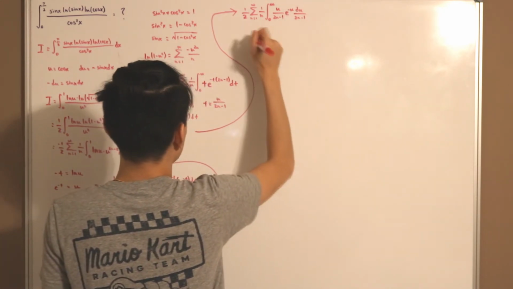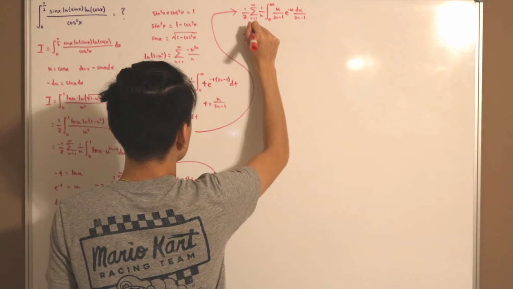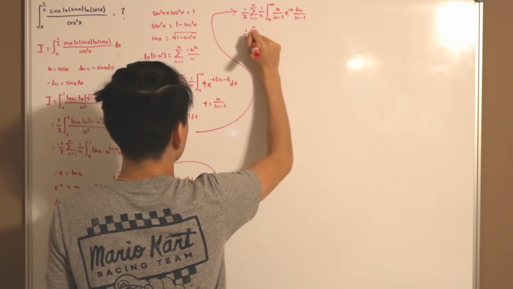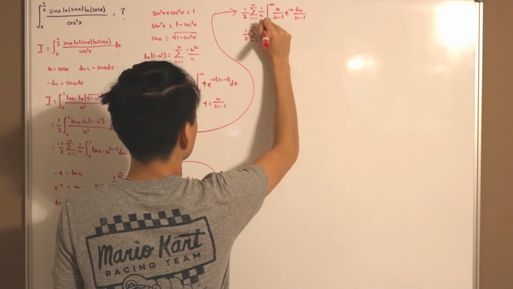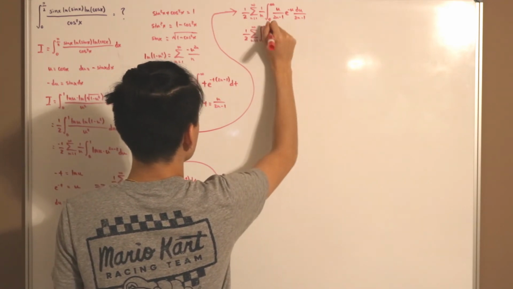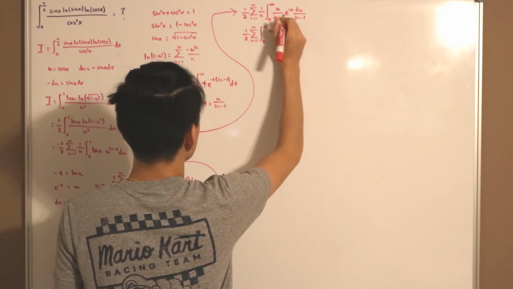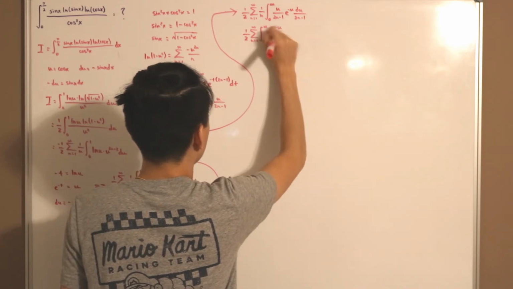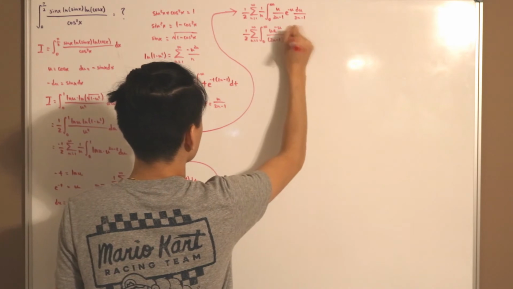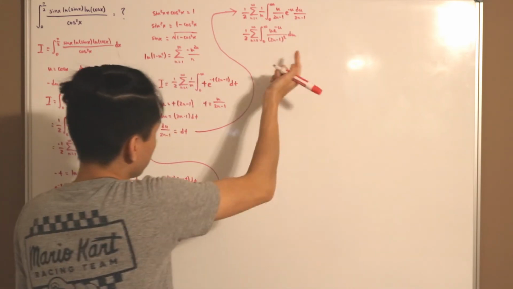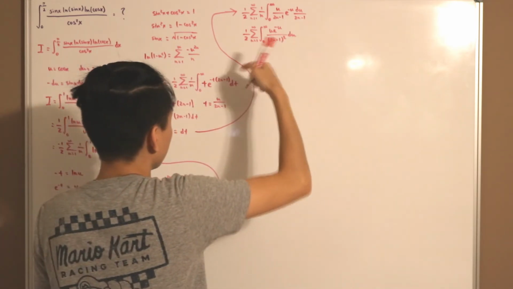Then combine everything together, sigma n equals 1 to infinity, so it's just u times e to the negative u divided by 2n minus 1 squared. Because 2n minus 1 squared is just a constant, we can move that outside.